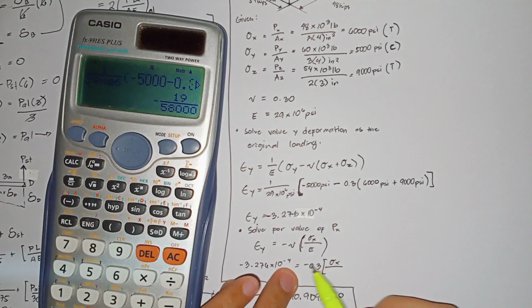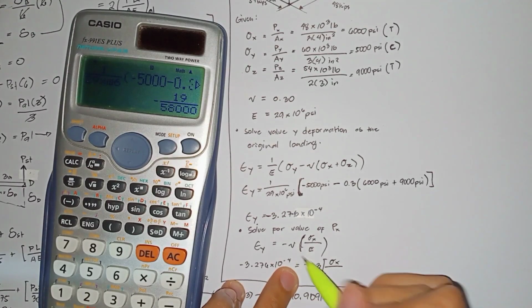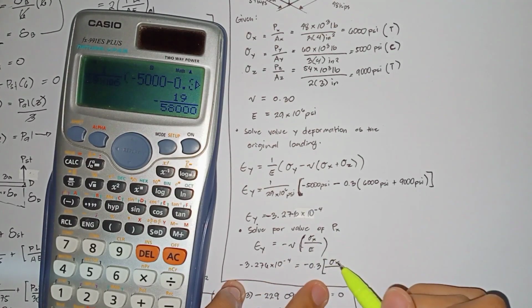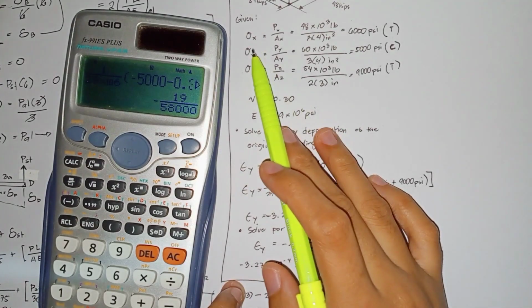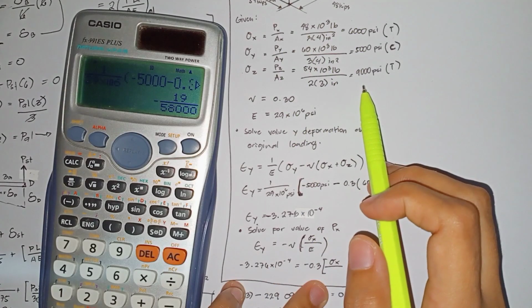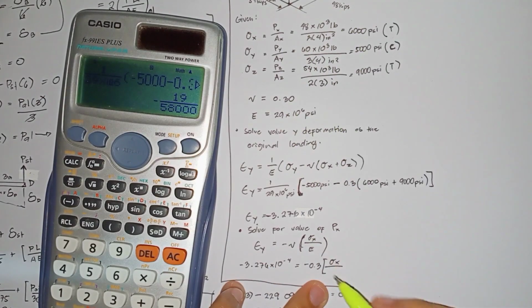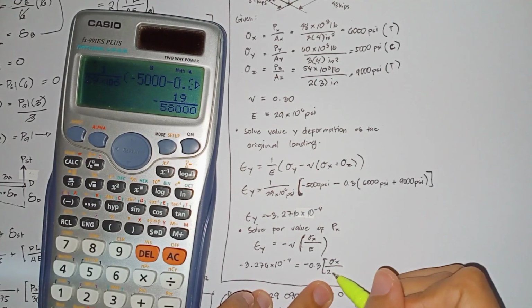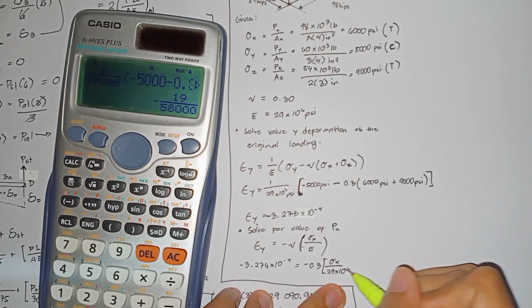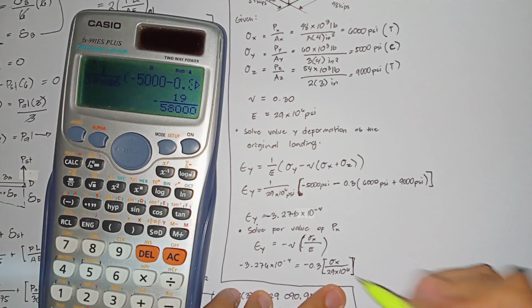So, equal to negative value ni nu, multiply by stress. Hindi natin pwedeng ilagay dito yung value ng stress na nakuha natin dito, kasi ito siya is para sa 3 loading, while ang sinabi dito is dapat single loading lang. So, dapat, ang may loading lang is si x. Okay. So, ang E natin is 29 times 10 raised to 6.